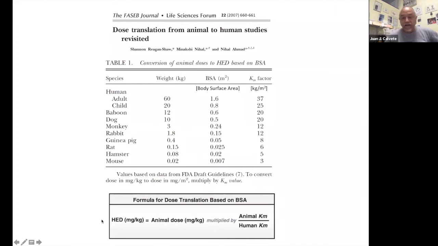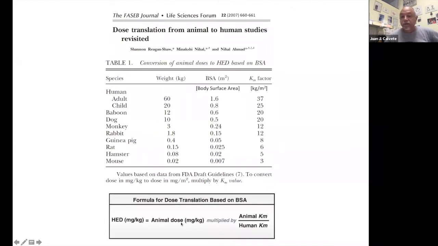You just need to take the animal dose in milligrams per kilogram and multiply by the ratio between the animal Km, that is the kilogram per square meter of body surface area. This is the metabolic parameter from animal divided by human.